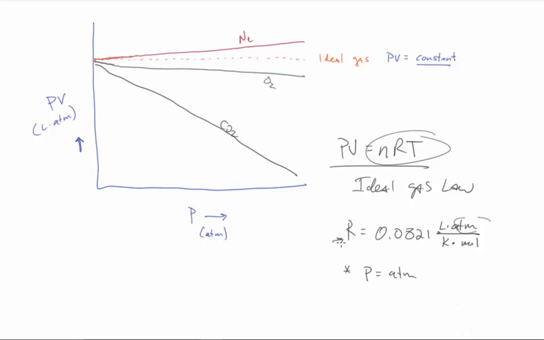So the question becomes, as I move away from my ideal conditions, how do I start to calculate, say, the number of moles, or the temperature, or the volume, or the pressure? What we do is use the ideal gas law to correct back to what that particular value would be under the conditions that are not ideal.